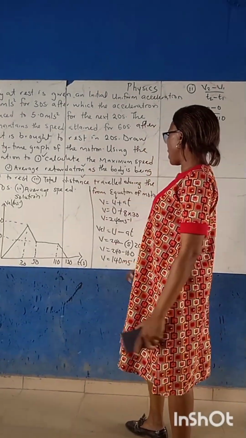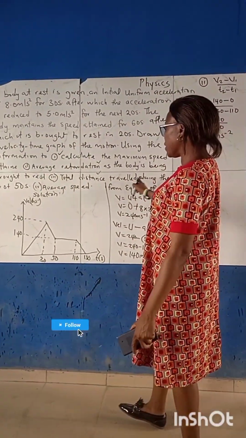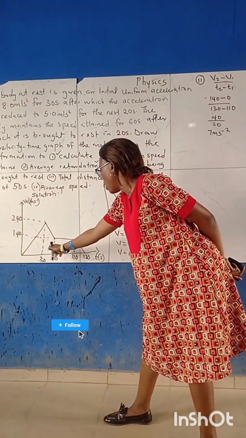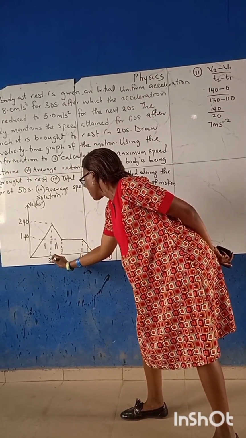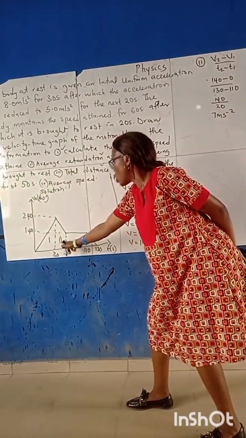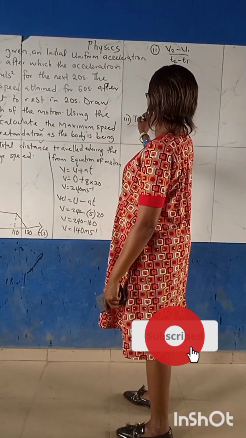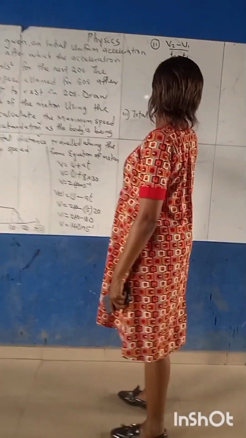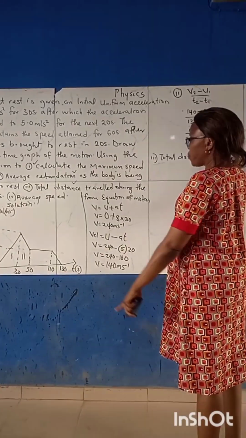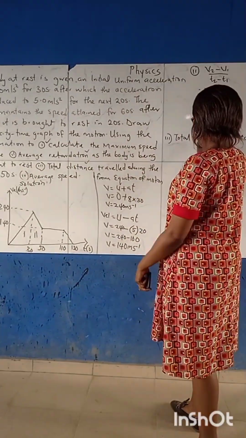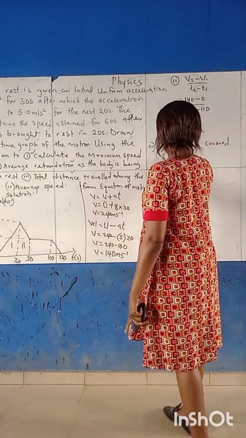Now the third question, we have to find the total distance traveled during the first 50 seconds. So I have these two shapes. Shape 1 is a triangle and shape 2 is a trapezium. So number 3, the total distance covered during the first 50 seconds. The first shape is the area of the triangle, half base times height.